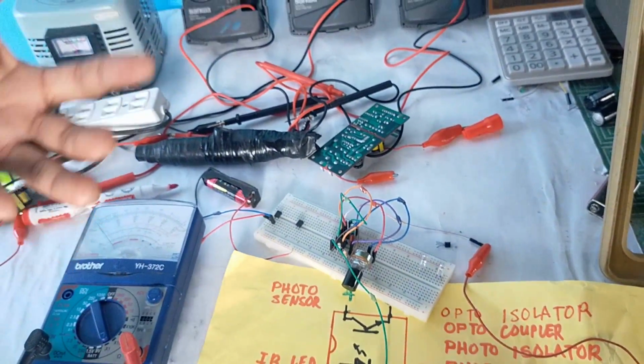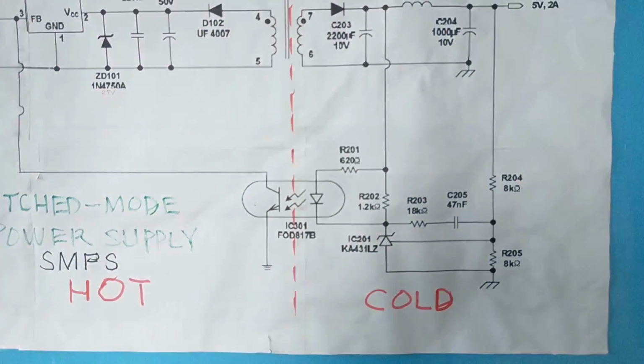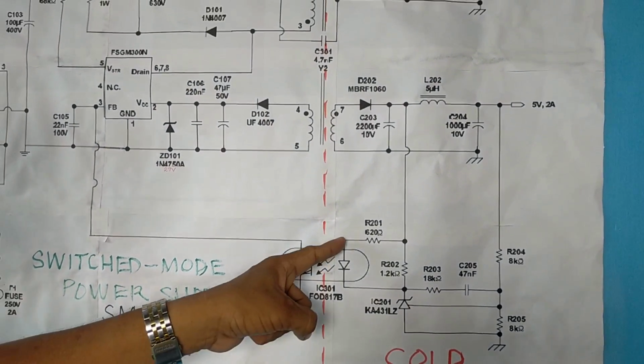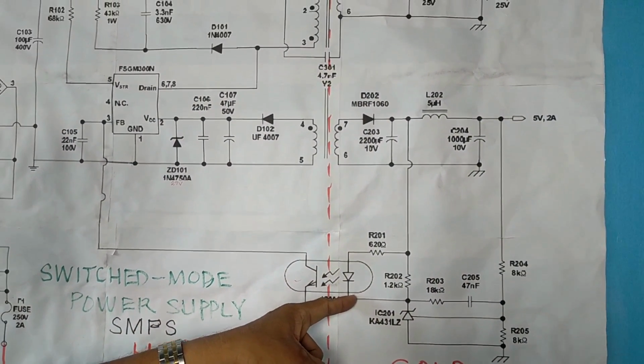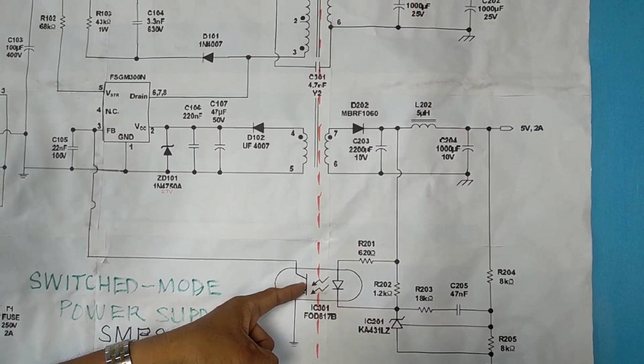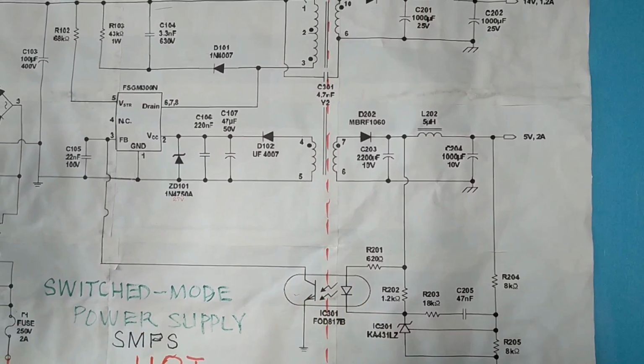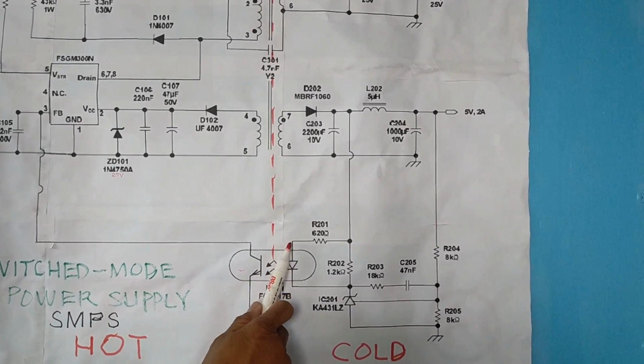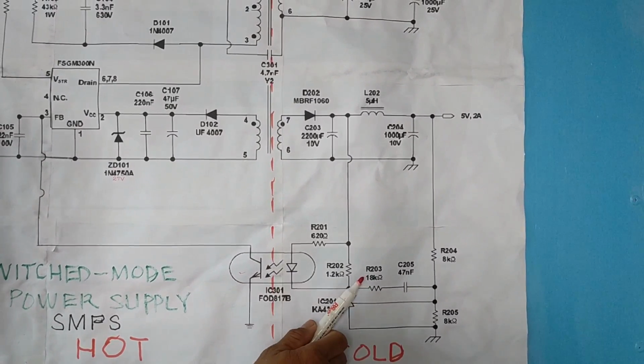So, again, the optocoupler here is a semiconductor device that transfers an electrical signal here to the opposite side of the circuit by means of light. So, what is being transferred here is the feedback signal.